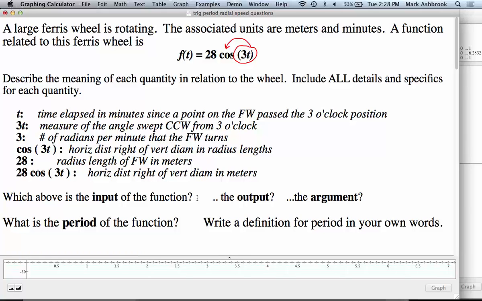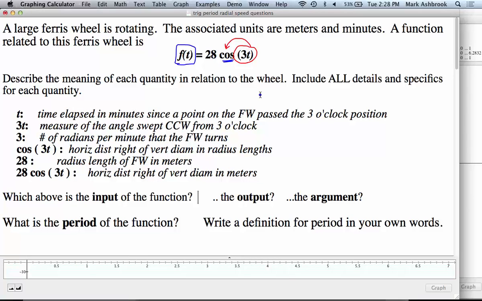What's the period of this function, or can you give me the process of finding the period? I want to find the period of this. How do I think about that? Okay, so we want to find the period of f, and we find that by knowing what the period of cosine is.